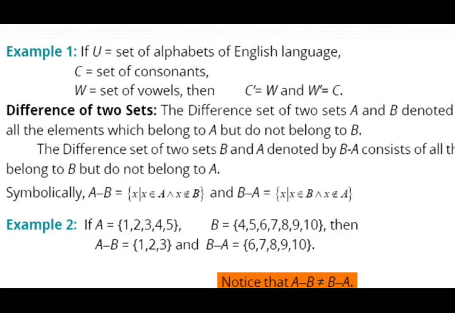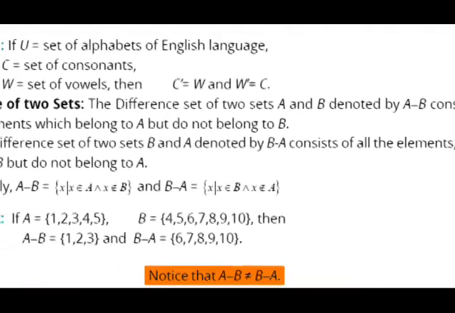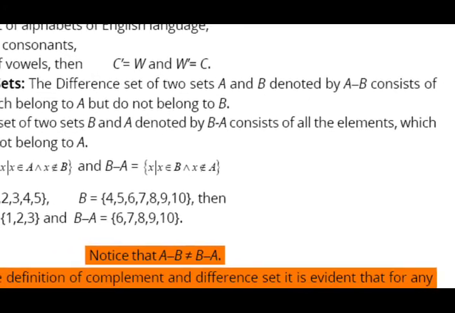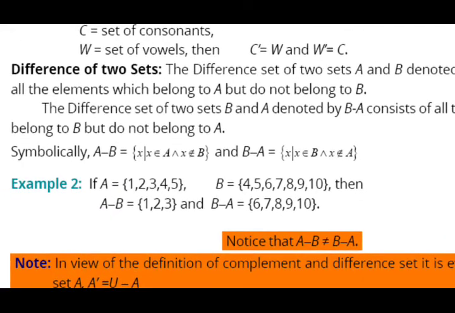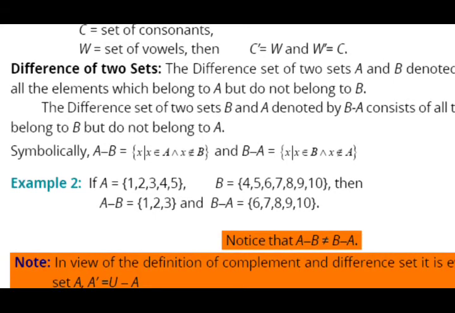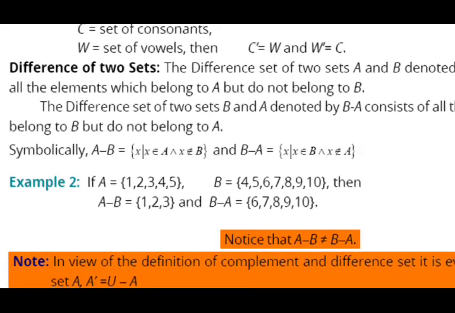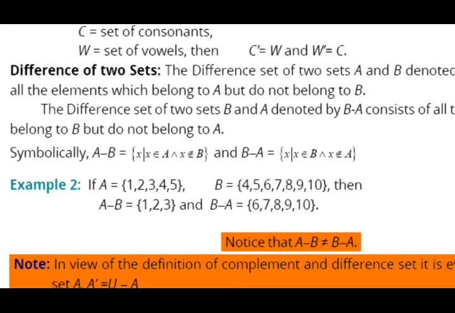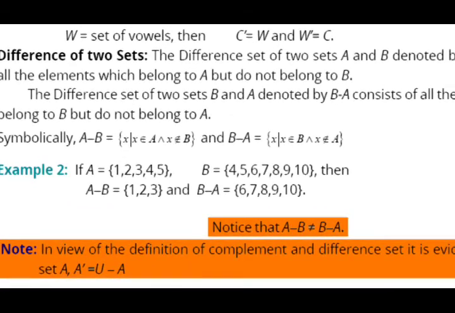Difference of two sets. The difference of two sets A and B, denoted by A minus B, consists of all the elements which belong to A but do not belong to B. A minus B is symbolically written as {x such that x belongs to A and x does not belong to B}. And B minus A is {x such that x belongs to B and x does not belong to A}.